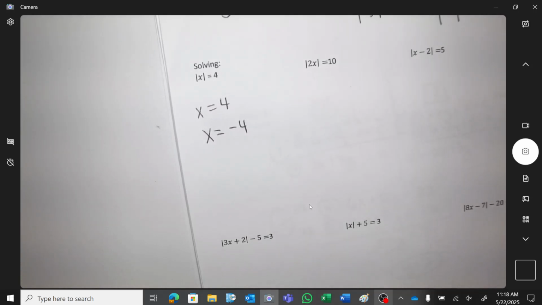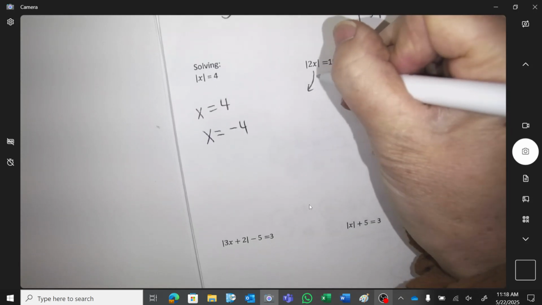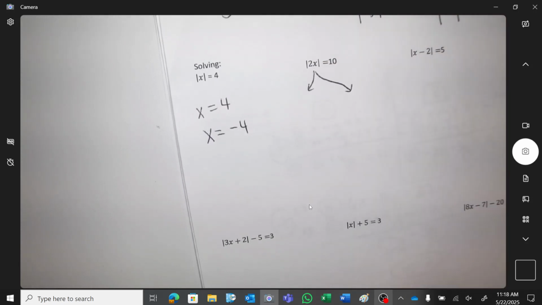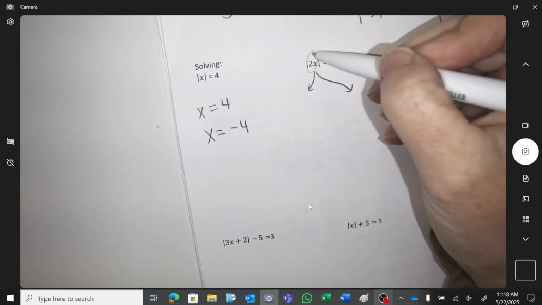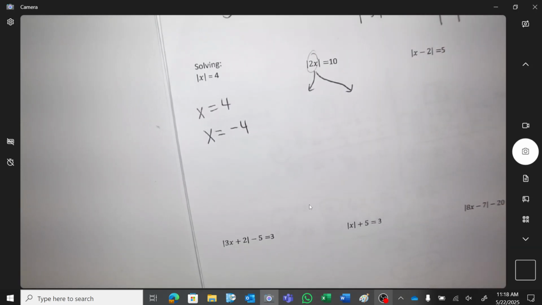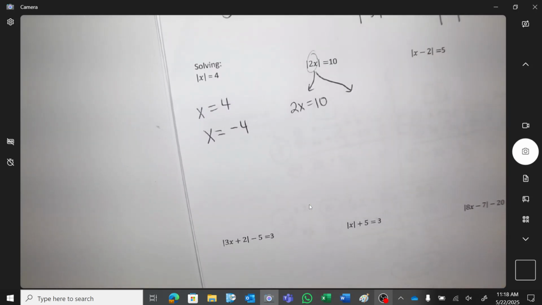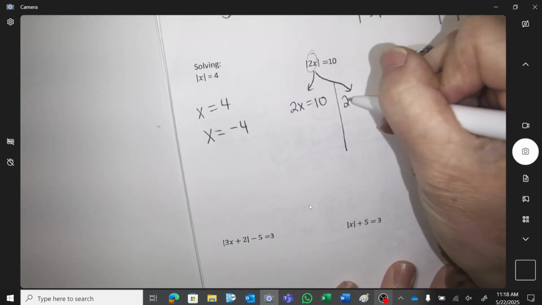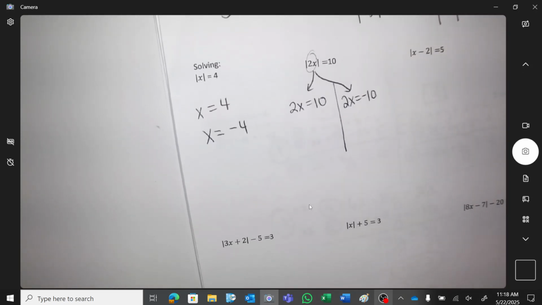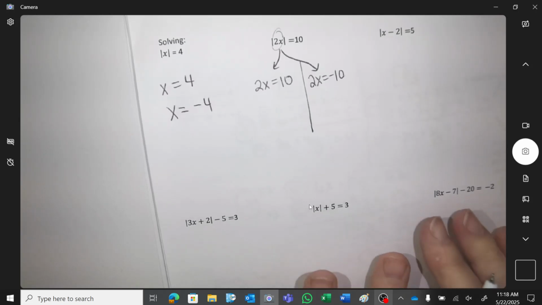Okay, so you're going to be splitting this into 2 options. This is kind of the gist of how we're going to do it. I could put 10 or -10 inside the bracket. So I could have made the inside of this bracket 10, or I could have made the inside of that bracket -10.